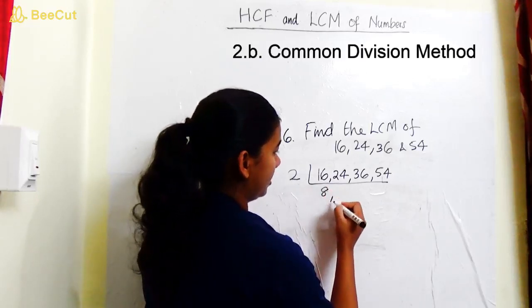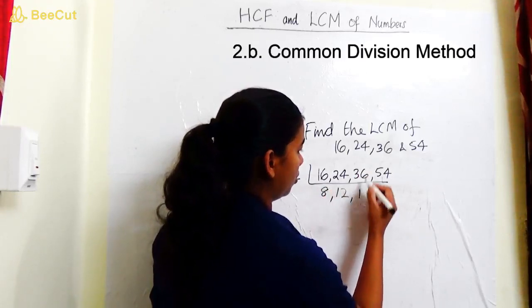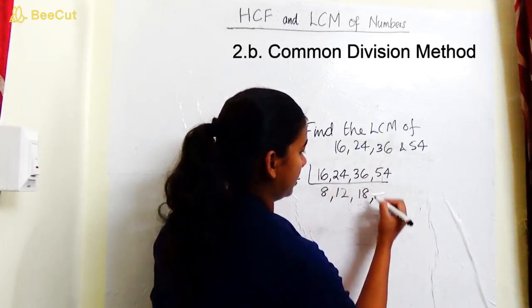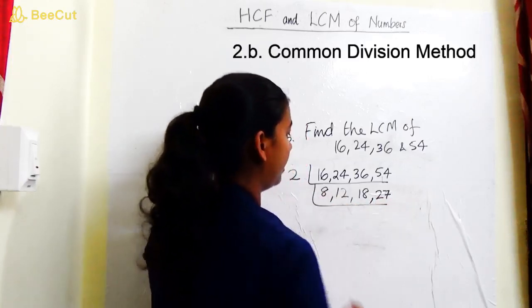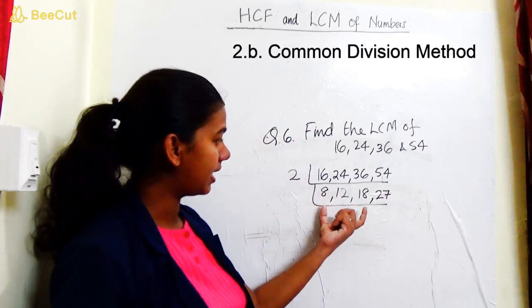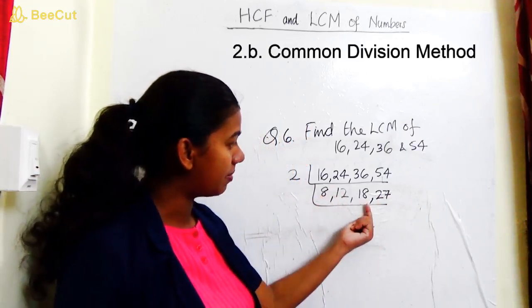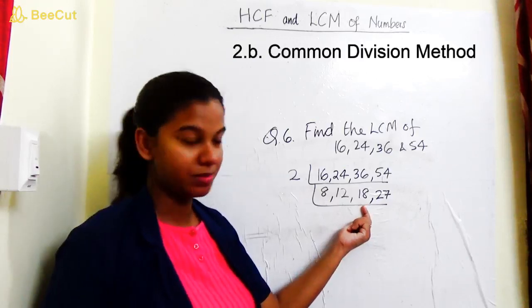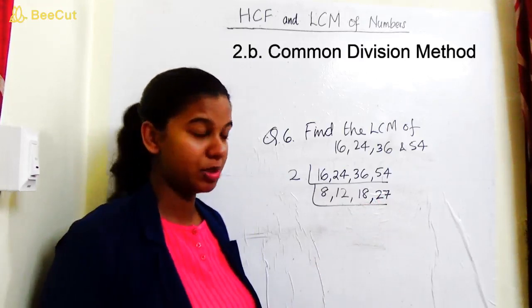So what do I get? 2 8s are 16, 2 12s are 24, 2 18s are 36, 27. Now in this division, the first 3 numbers are even numbers and divisible by 2. What about the last number? It is 27. It is not divisible by 2.